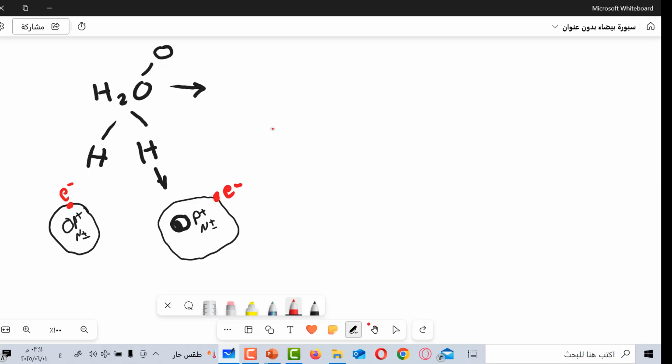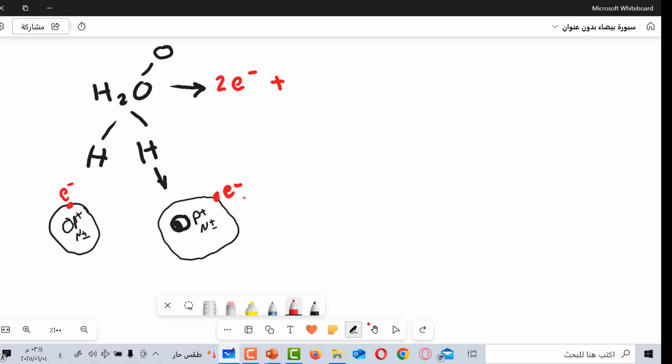So if we split this H2O, it will give us, as we will see now, 2 electrons.